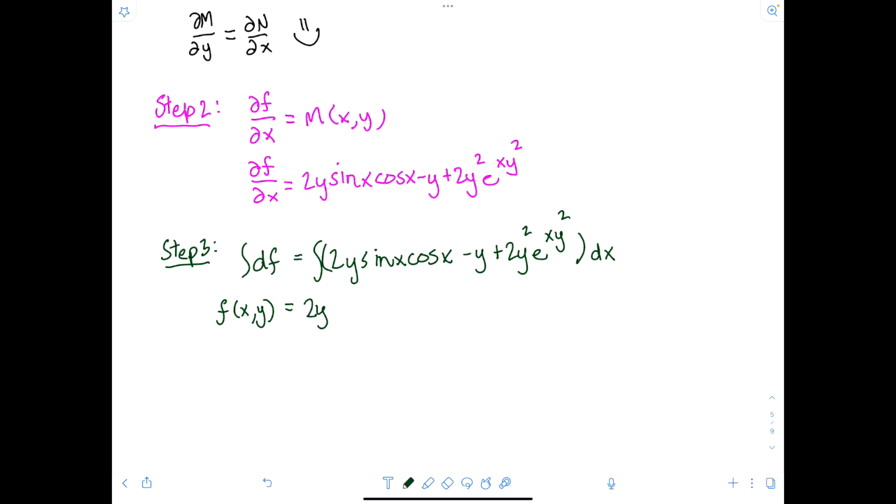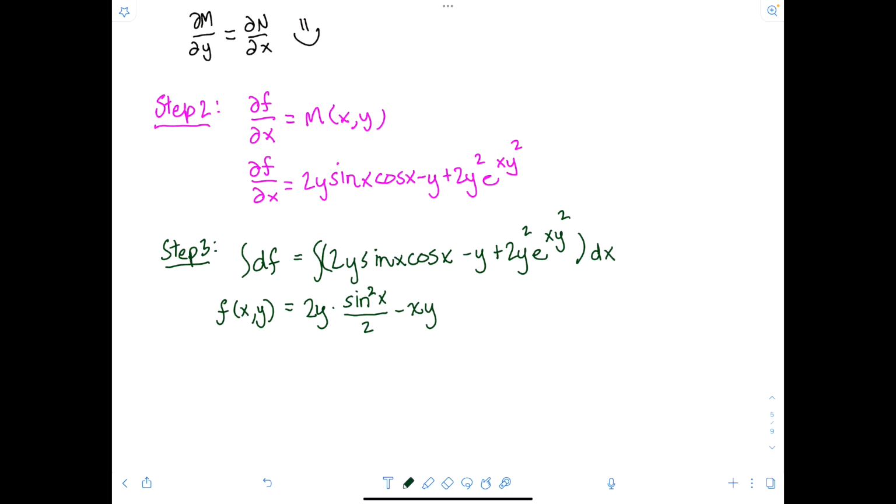Now, do you see that cosine x is the derivative of sine at x? Sine at x is to the first power. So we're going to end up having sine squared at x over 2, using that general power rule. We've got the first term done. Minus x times y, we got the second term done.